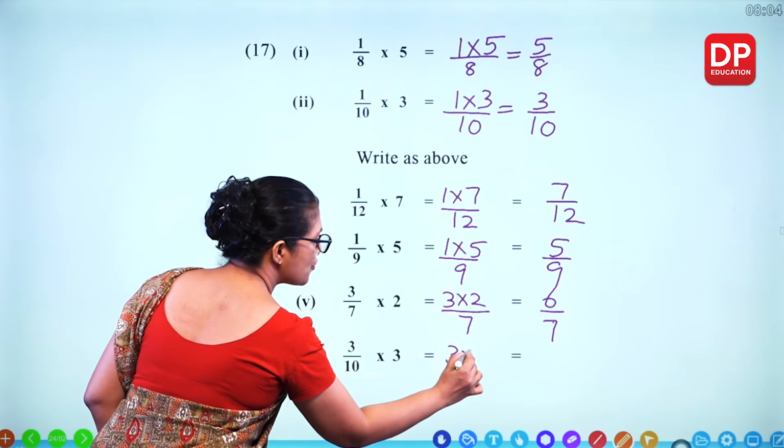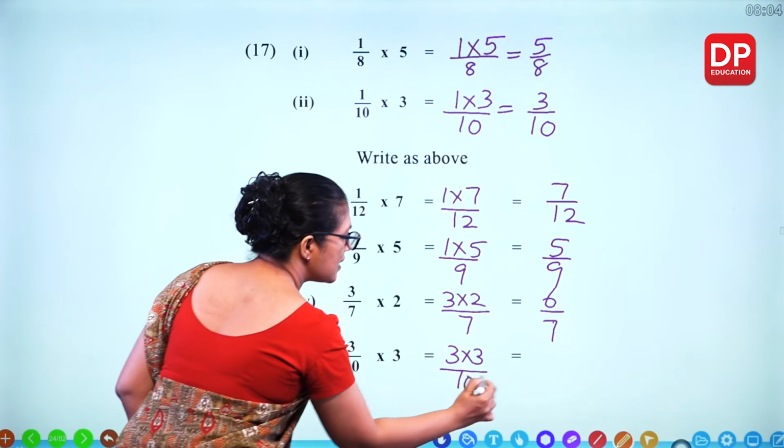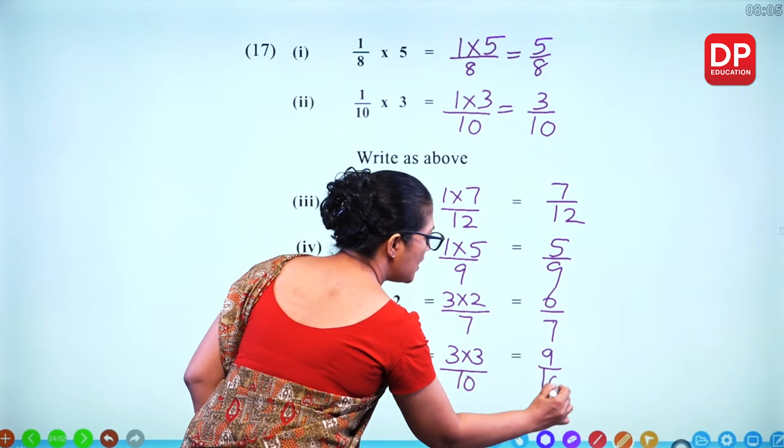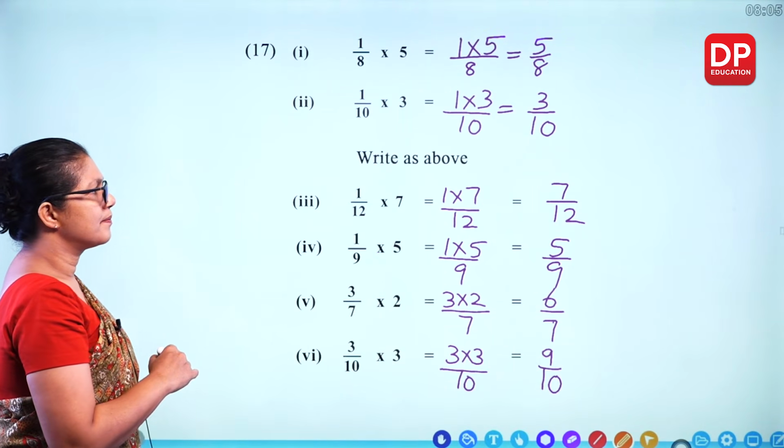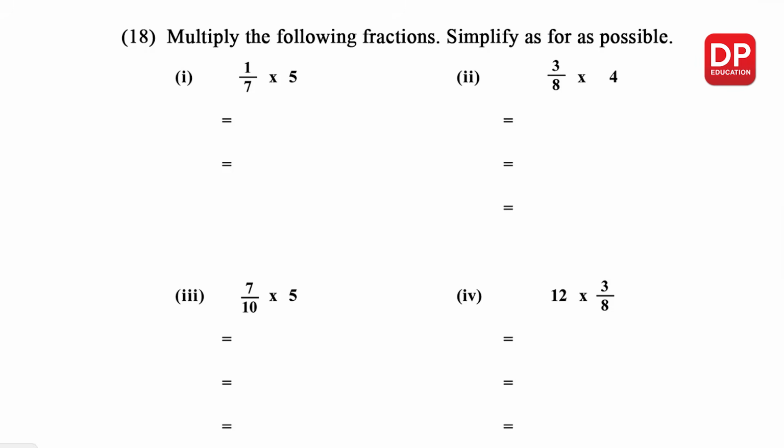Here 3 times 3 over 10. That's 9 over 10. Multiply the following fractions. Simplify as far as possible.